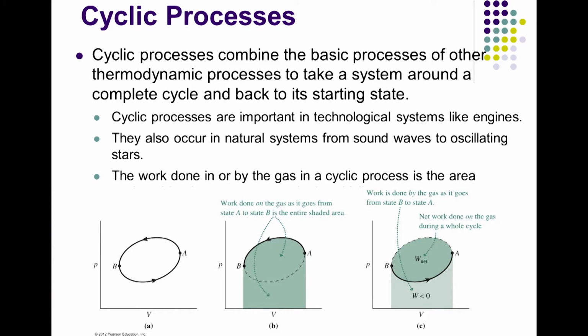But if you look at the cyclic process, it combines the basic processes of other thermodynamic processes. It's like an engine. The reason we come up with cyclic processes is that we are looking at the situation of the engine, where there are various cycles. Compression: you start with getting the gas into the cylinder block, and then you have a spark plug. I am talking about the old internal combustion engines; those days they used to have spark plugs.